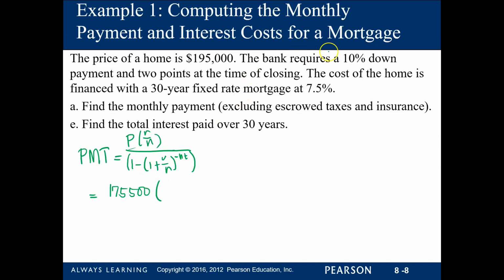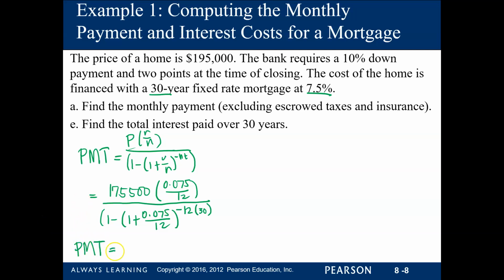We multiply it by the rate of the mortgage, 7.5%, so 0.075 over 12. This whole thing is divided by 1 minus 1 plus R over N, 0.075 over 12, raised to negative 12 times the number of years, which is 30. That's the usual length of time for a mortgage, 30 years, sometimes 20 or 25 years. If you plug this into your calculator, you are looking at around $1,227 as the monthly payment.